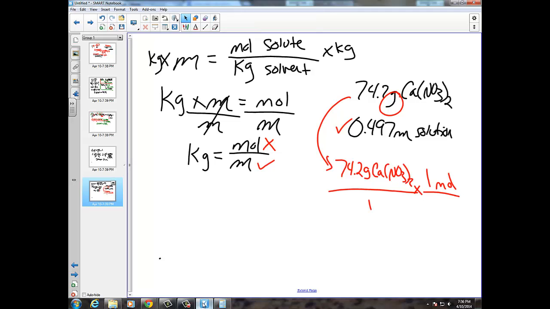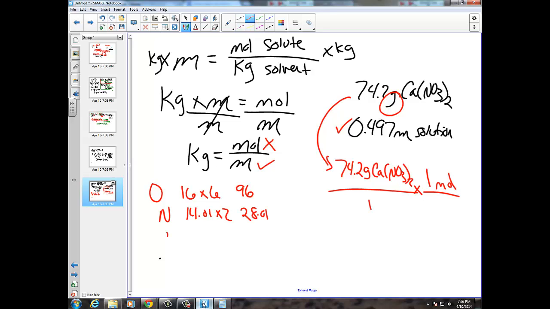So let's figure out the molar mass of calcium nitrate. There's 6 oxygens, so 16 times 6, that's 96. N, there's 2, 14.01 times 2, 28.01 or so, and then 1 calcium, whatever that happens to be. So let's add it all up.